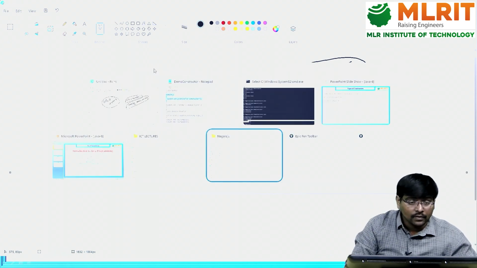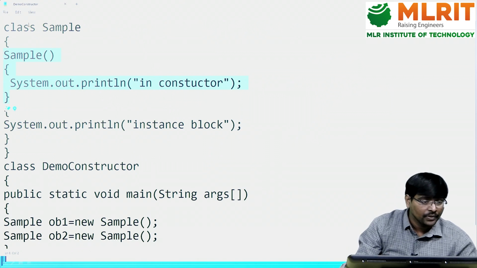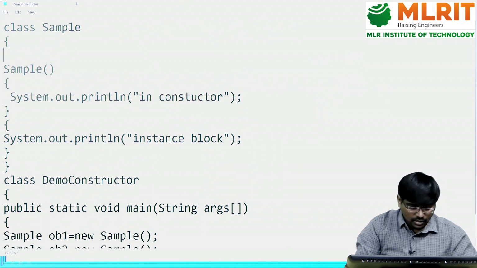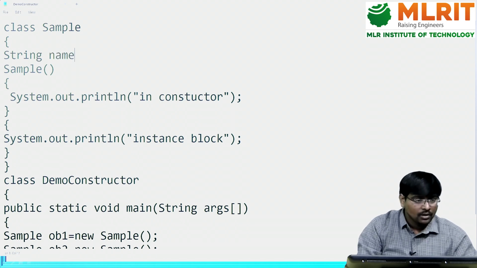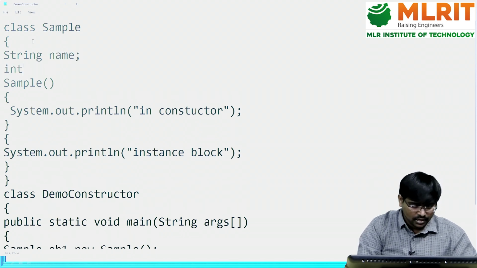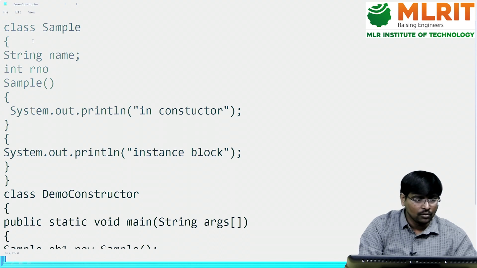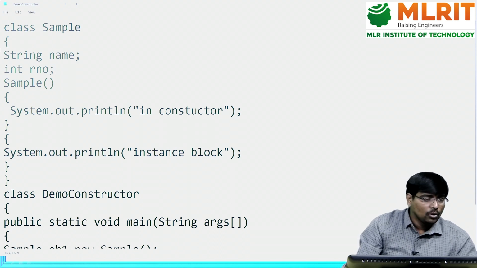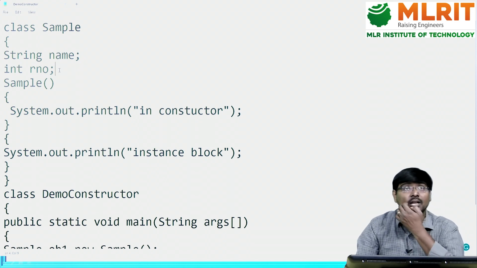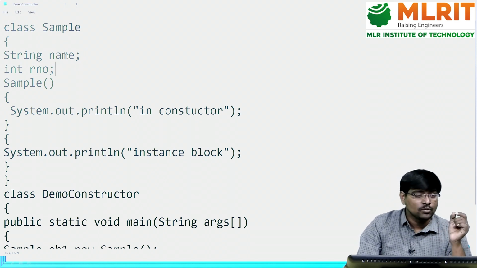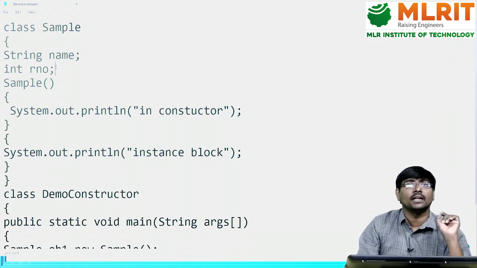Now I will show you. See this one. Here assume I have string name and int roll number. All these two variables are instance variables. Name is one variable, roll number is another one.